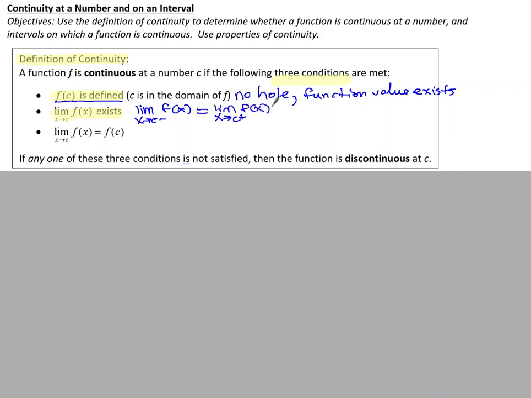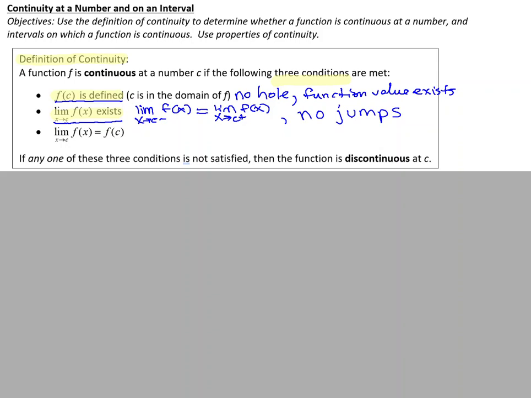So the two sides are approaching the same place. Another way to think of this is that we have no jumps. But again, it's important we remember it this way that we highlighted. The limit as x approaches c of f of x exists. That's how we'll write it. That's how we'll think of it.